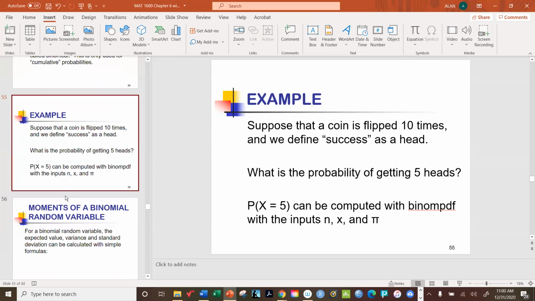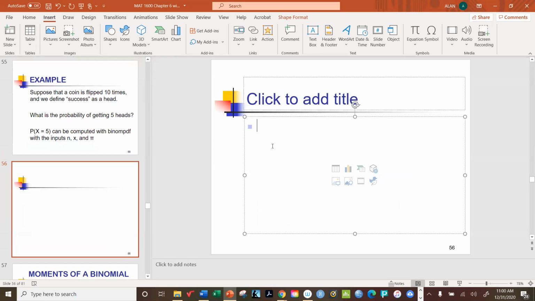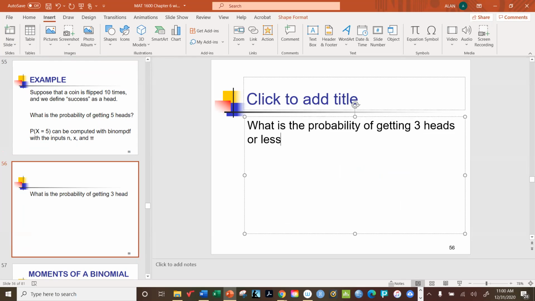Now, what about this question, though? What is the probability of getting 3 heads or less?